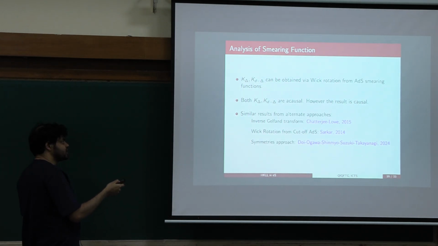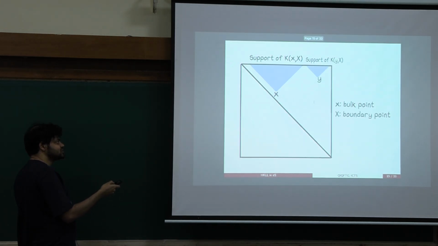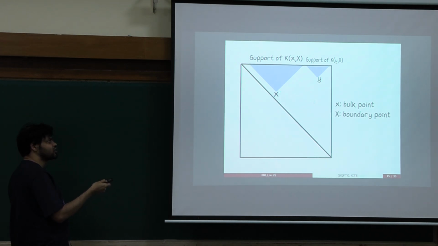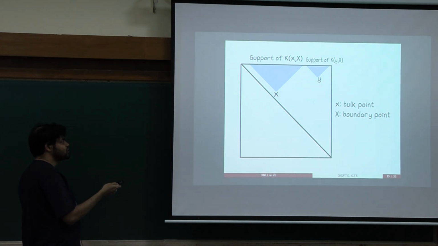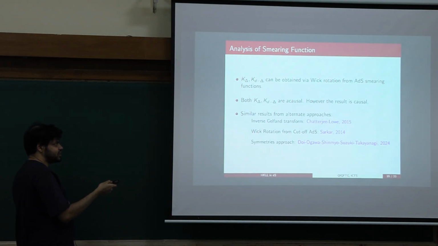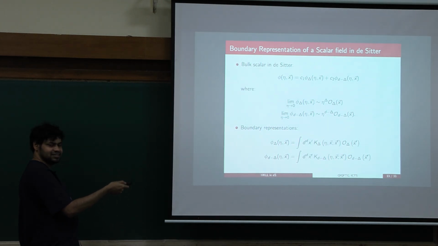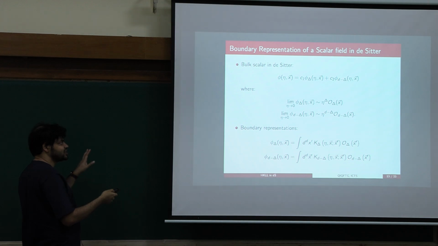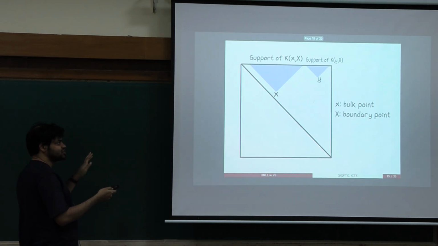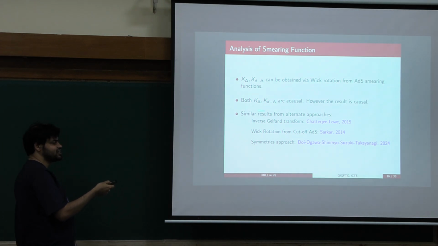Okay. And these two smearing functions, you can see in this picture, they are both acausal, meaning they are supported on the future boundary. So you need future information to know them. But when you add the final result from adding both these together, as in here, that thing satisfies the correct green function. So that acausal part cancels out, and the final result is causal.